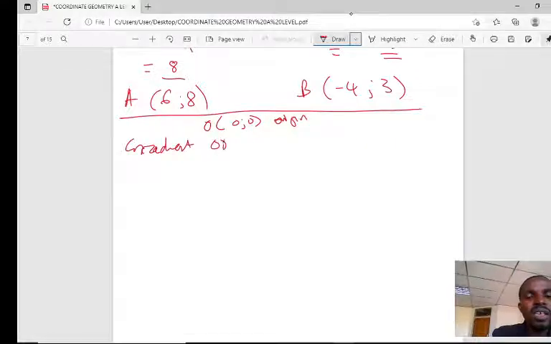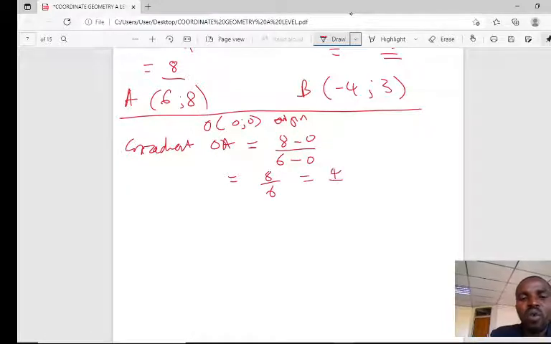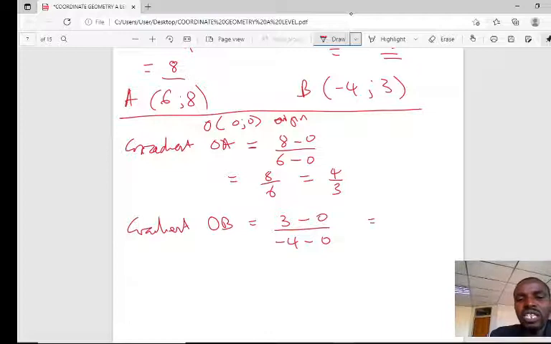Gradient OA will be equal to 8 minus 0 over 6 minus 0, which is 8 over 6. Simplifying this one, you get 4 over 3. Then gradient OB is equal to 3 minus 0 over minus 4 minus 0. If you simplify this one, you get minus 3 over 4 or 3 over minus 4.